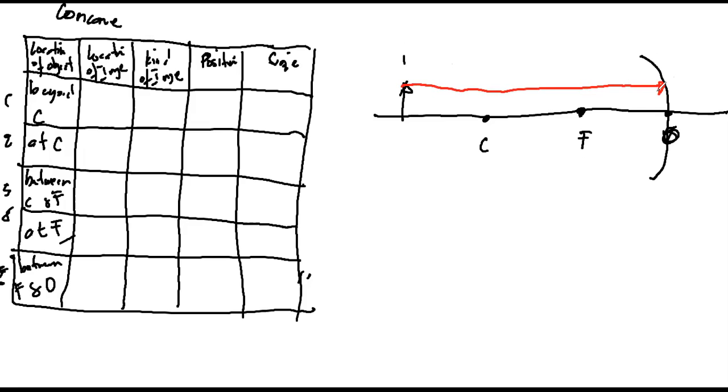The first ray is parallel to the principal axis and it will reflect back passing the center. We will extend it inside. And then the second one is the ray passing the focus, and it will reflect.